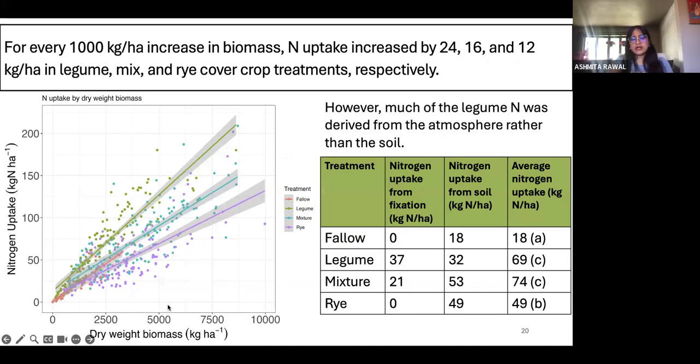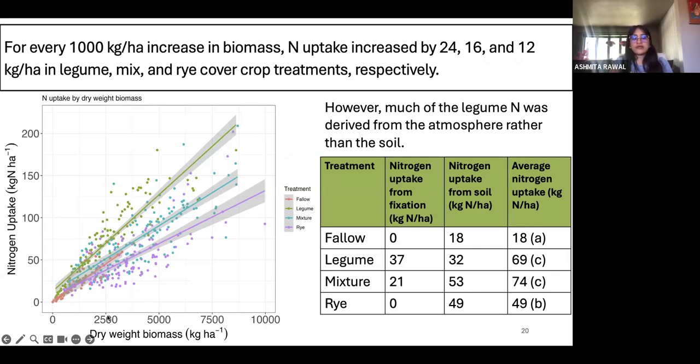I also looked at correlation between the biomass and nitrogen uptake, and they were all positively correlated for our cover crop treatments, with strong positive correlation of legume biomass with their nitrogen uptake in their biomass.